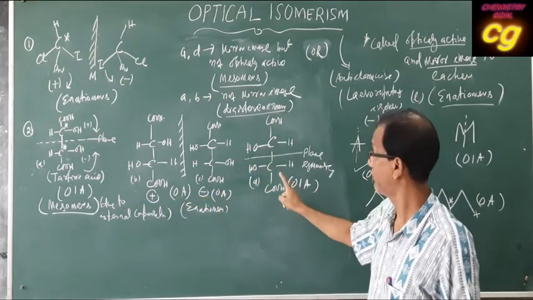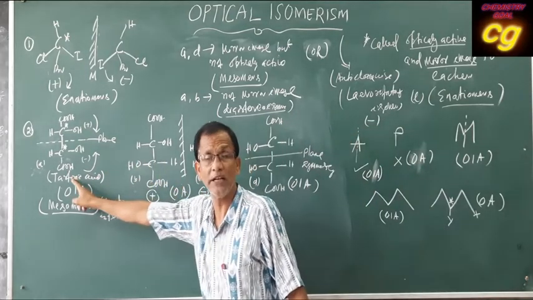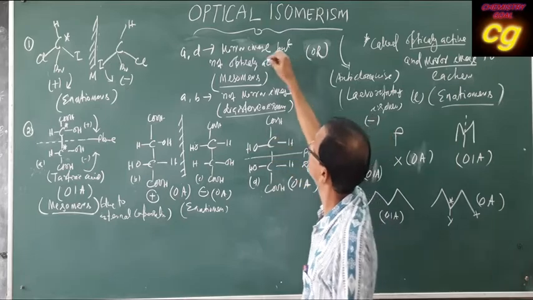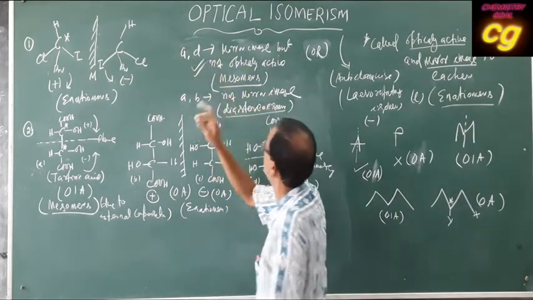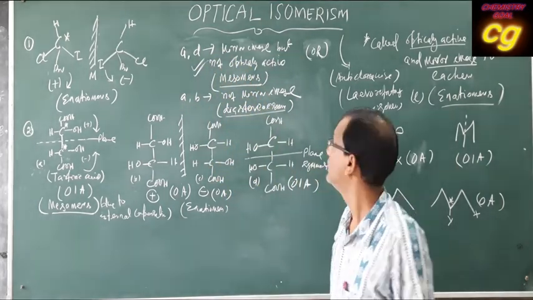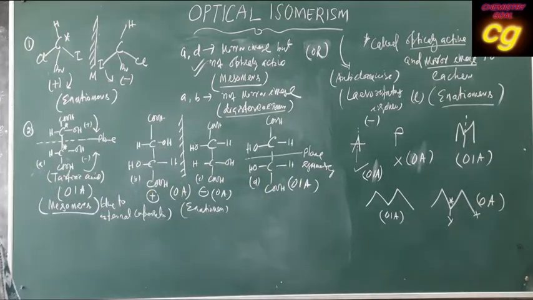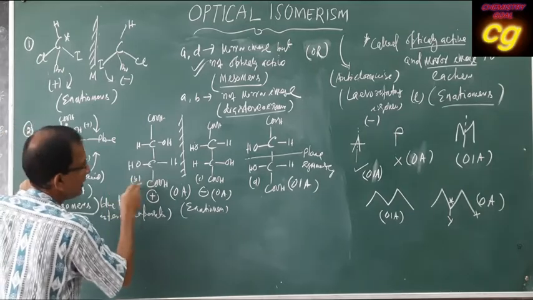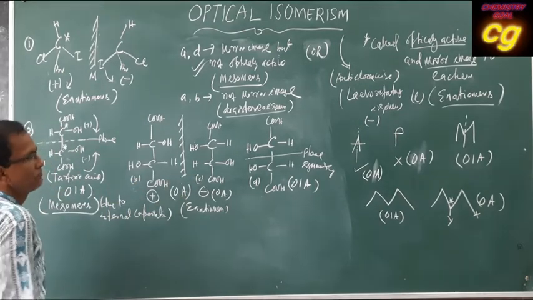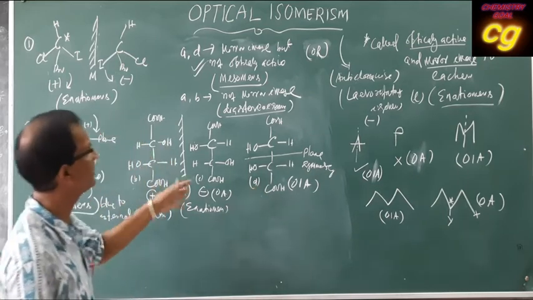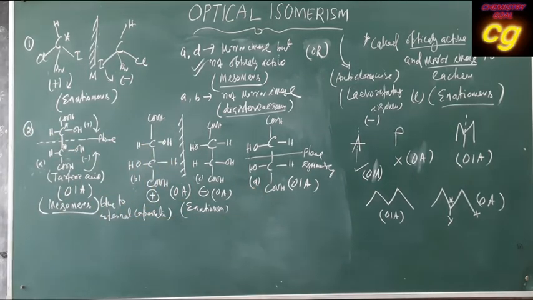If not mirror image, it is called diastereoisomer. So A with B, A with C, C with D, like this, we can say these are diastereoisomer pairs.